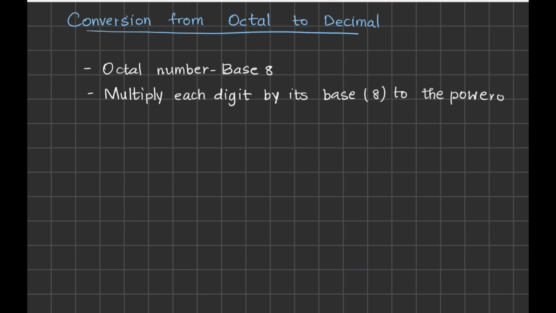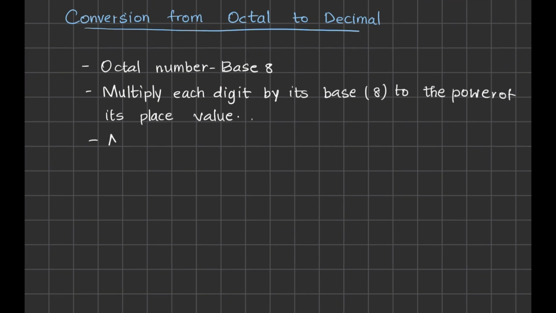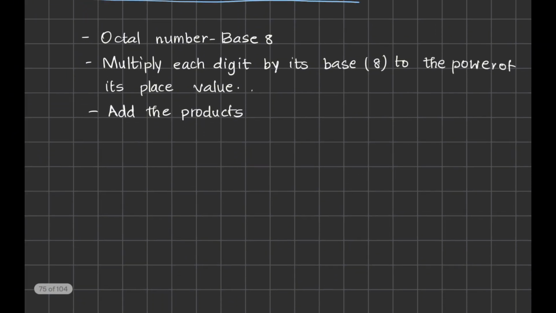That means if we have a digit 2 at the first place, we multiply 2 by 8, which is our base, to the power of 1. And whatever we get from the first step, we just have to add the products in the second step to get the decimal value. So let's take a look at an example here.